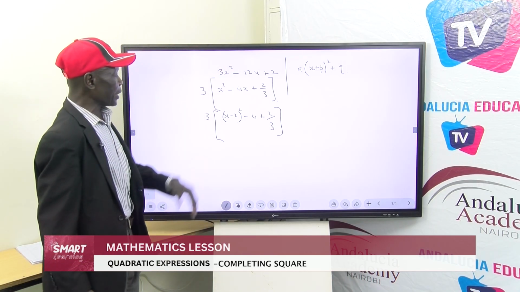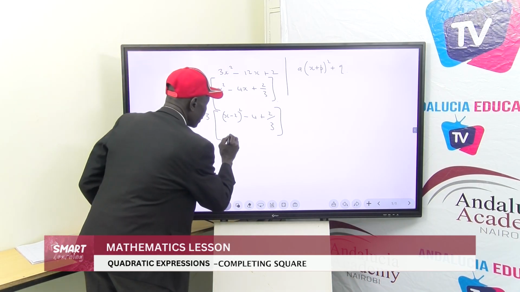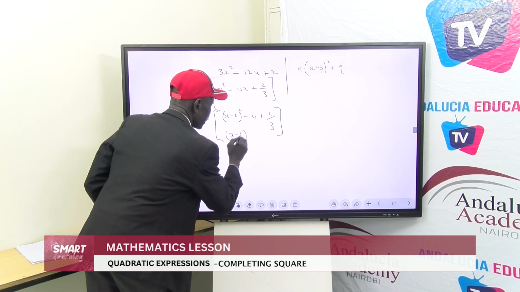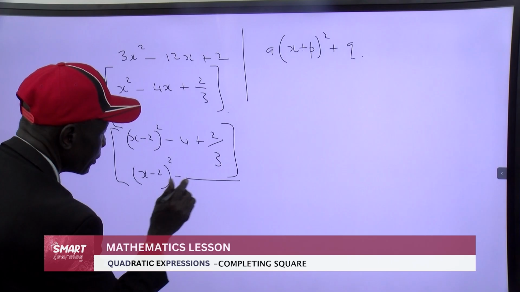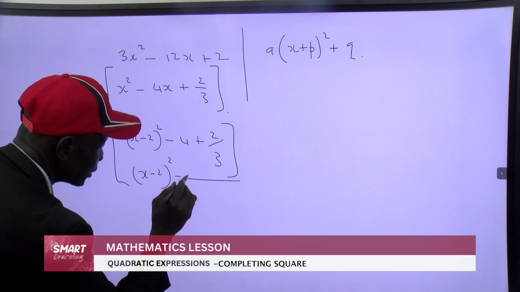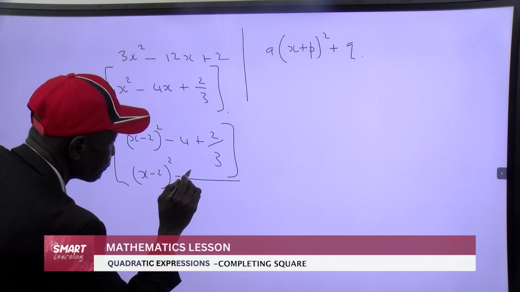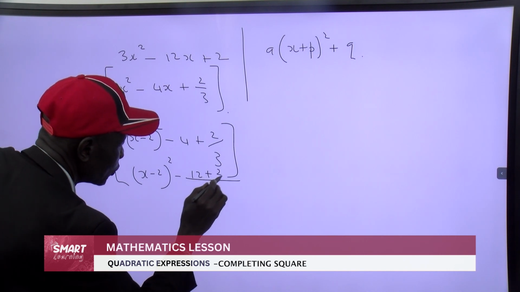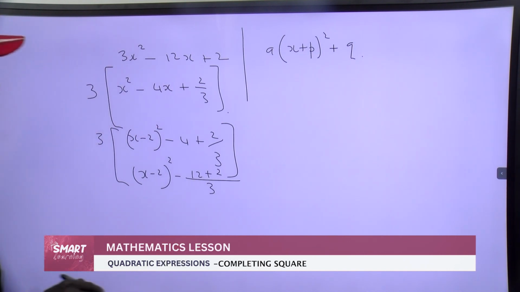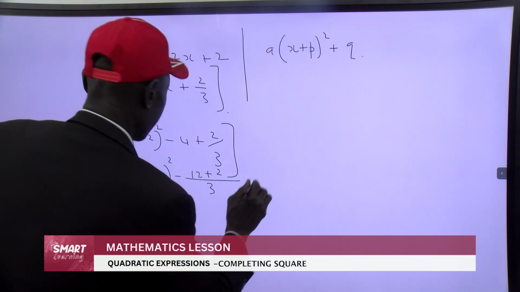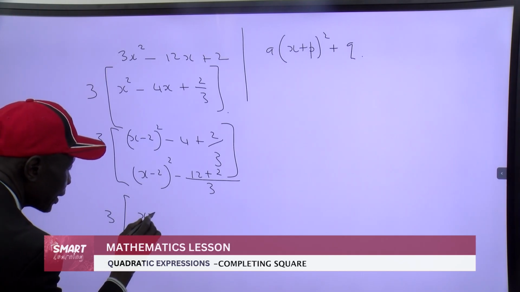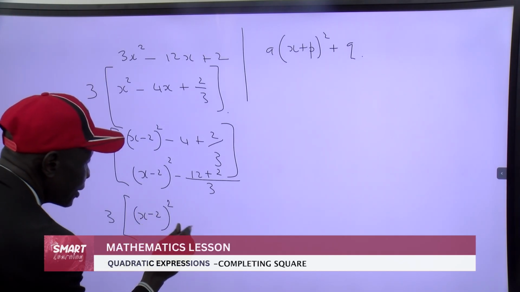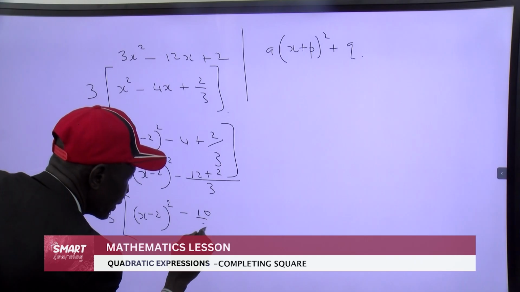Now, my LCM here is 3, so I'm going to have x minus 2 squared minus, this becomes minus 12 plus 2 over 3, and that becomes negative 10. So our answer becomes 3 in brackets x minus 2 squared minus 10 over 3.